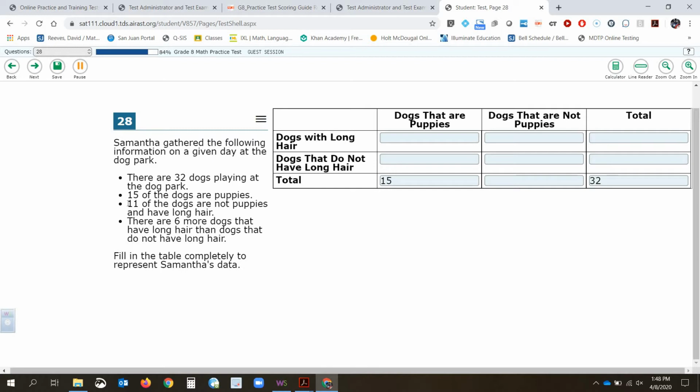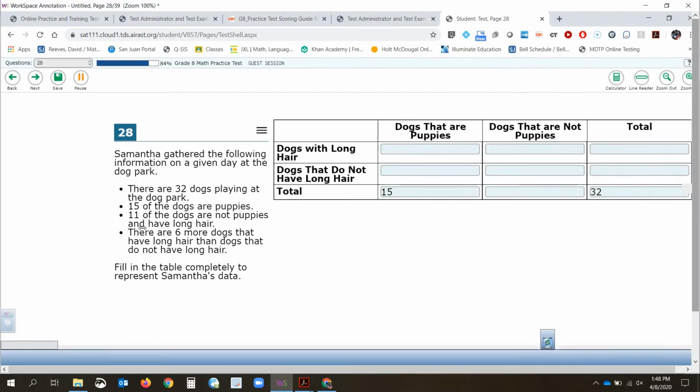All right, 11 of the dogs are not puppies and have long hair. So notice right here, we have this word "and," and that is going to connect the not puppies with the long hair. So let's take a look at this table. Where is the not puppies that have long hair?